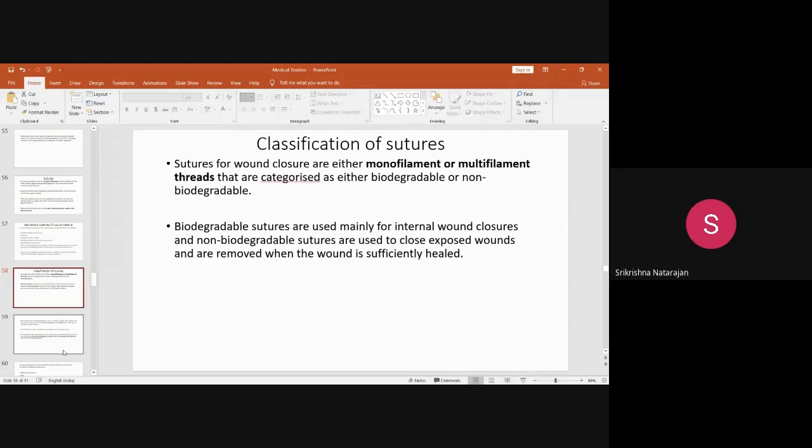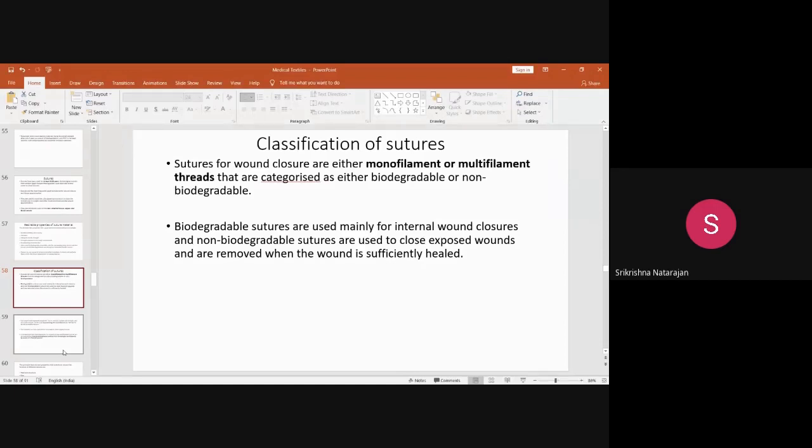You can also classify them based on whether it is a biodegradable suture or a non-biodegradable suture. So you know very well what a biodegradable suture is. Non-biodegradable sutures are used to close exposed wounds and are removed when the wound is sufficiently healed.